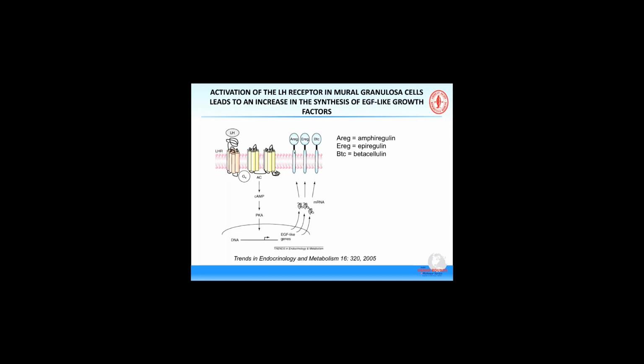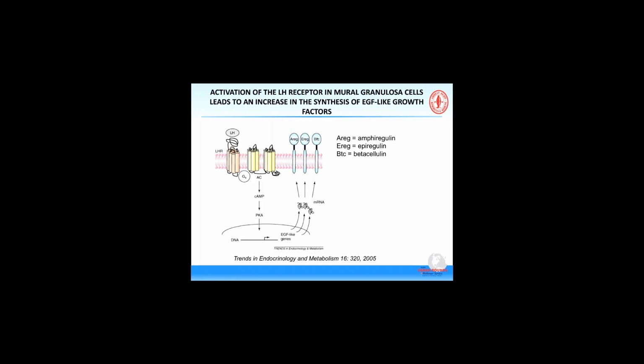Now, this happens to be important because one of the consequences of the actions of LH in granulosa cells, when it activates Gs and it increases cyclic AMP, is that there is an increase in the synthesis of three of the ligands that bind to the EGF receptor.